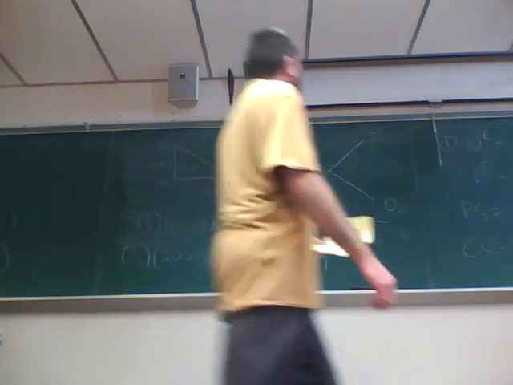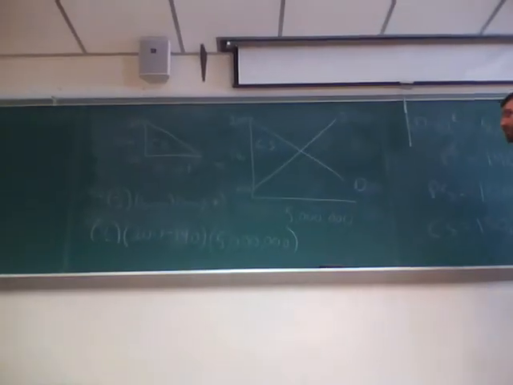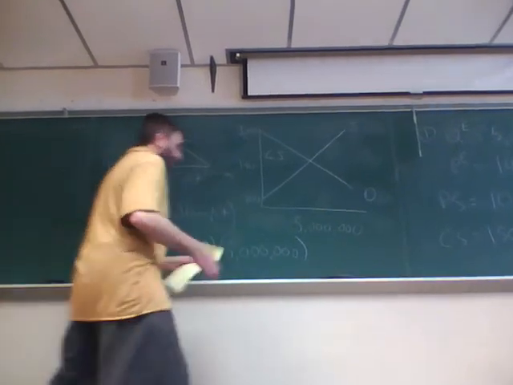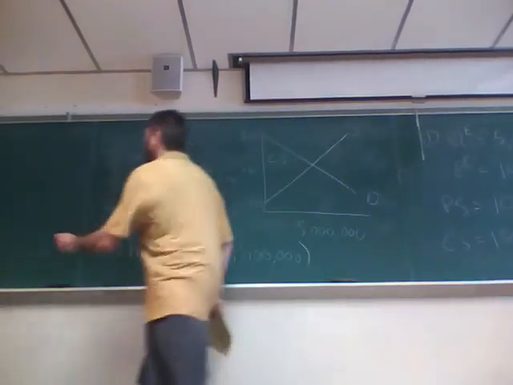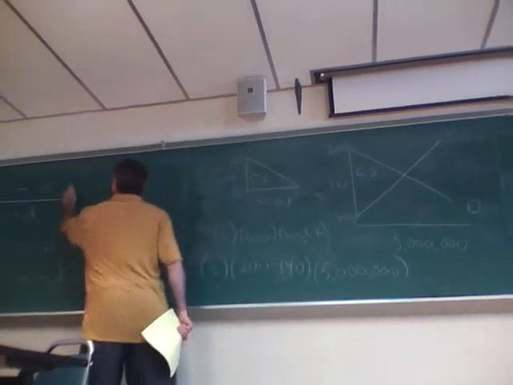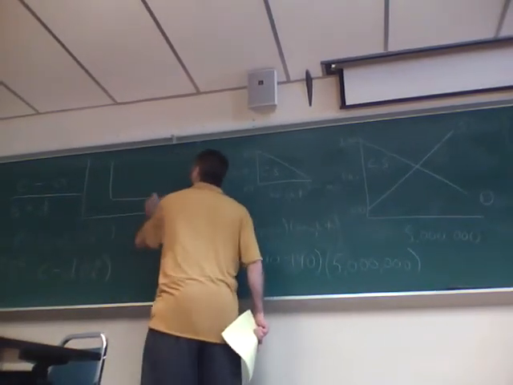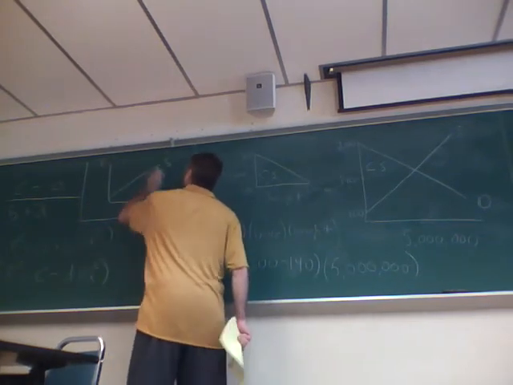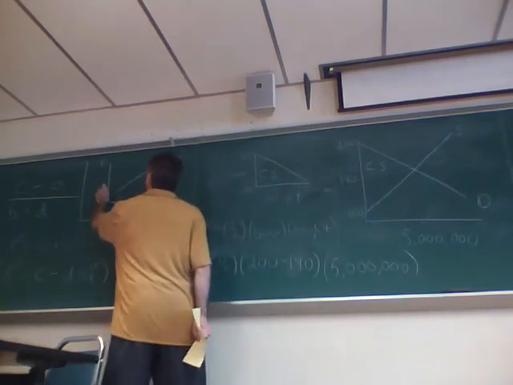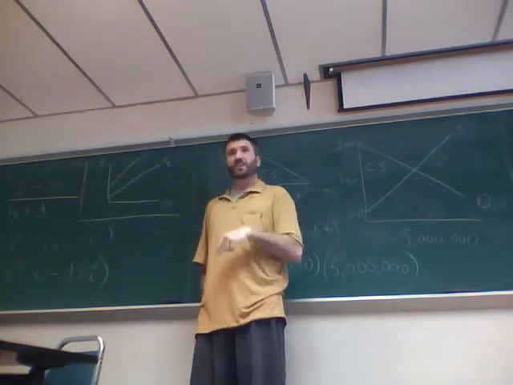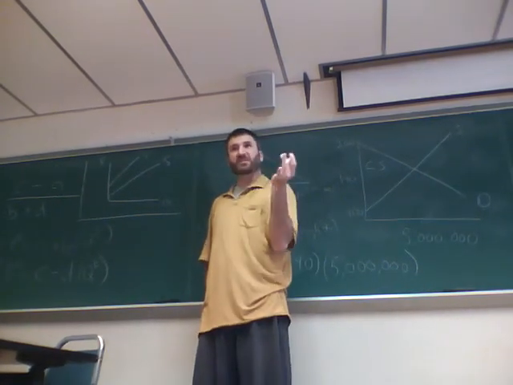For number 2, where it's asking you to show graphically what's going on, you had an old supply curve, you had a new supply curve. I gave you the old, I'll tell you how to change, you get the new.